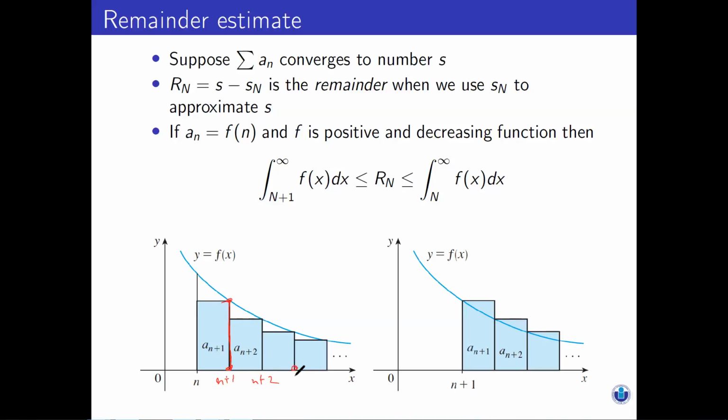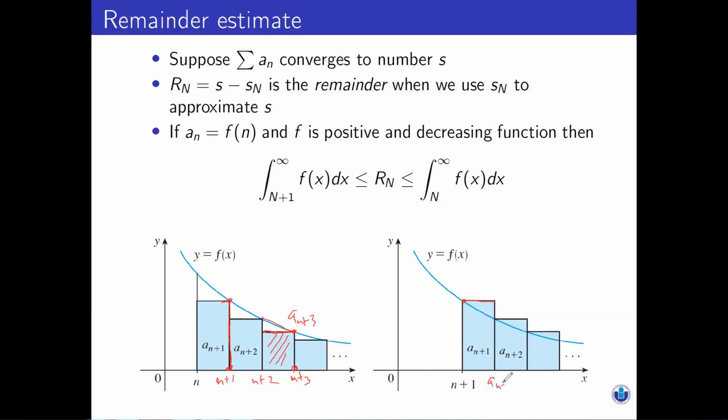And the same here, so you look at the point n plus 3, for example, you get this height, which is a_{n+3}, and you draw this to the left, then it's going to be under the graph of f. Now, instead, if you draw the rectangles to the right, then it's going to lie above the function f because f is decreasing.